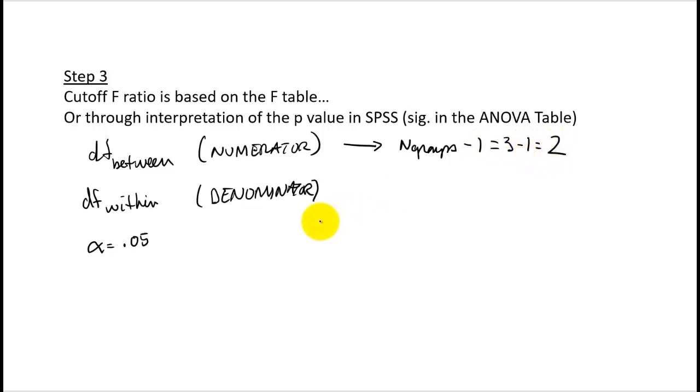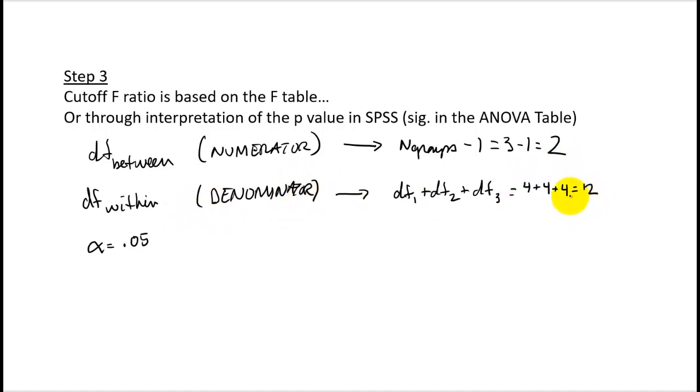So my numerator degrees of freedom is equal to 2. The denominator degrees of freedom is the degrees of freedom in group 1 plus the degrees of freedom in group 2 plus the degrees of freedom in group 3, which is equal to 4 plus 4 plus 4, which is equal to 12. So my between degrees of freedom, or my numerator degrees of freedom, is 2. My degrees of freedom within, or my denominator degrees of freedom, is equal to 12.